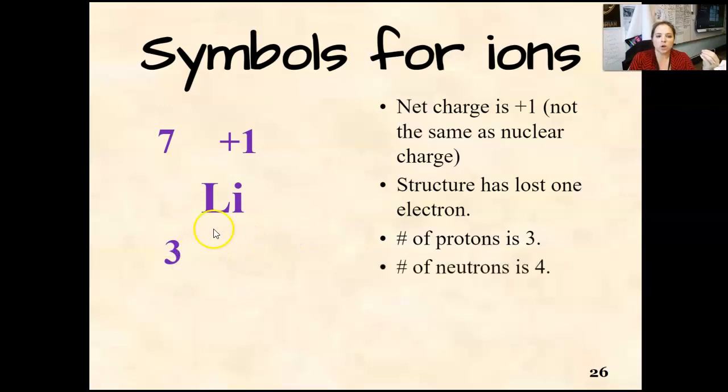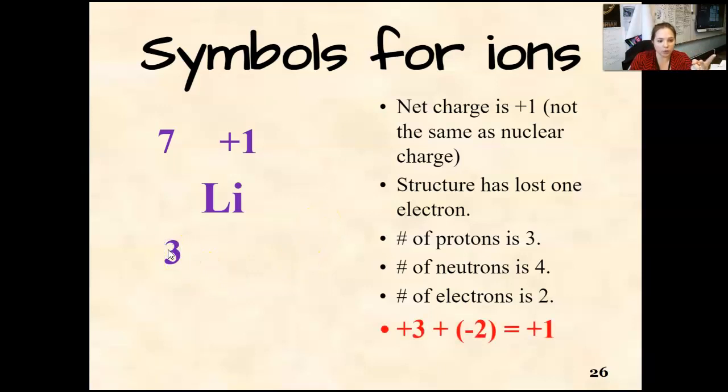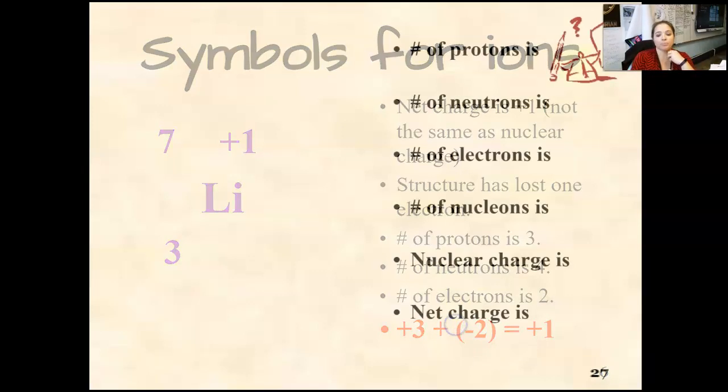Electrons: if it lost an electron, it went from 3 electrons to 2. Let's add this up: a positive 3 plus a negative 2 gives you a positive 1. That means there are fewer electrons than originally, so it's more positive, which is why it's a cation.